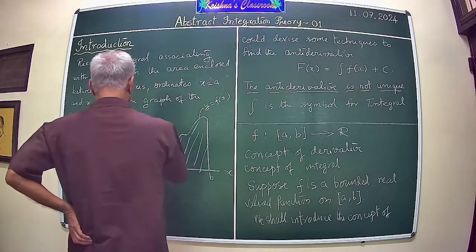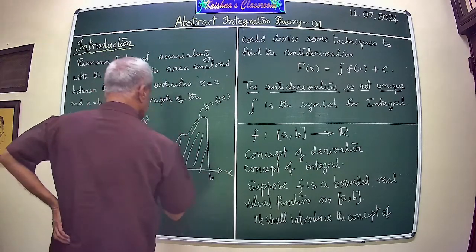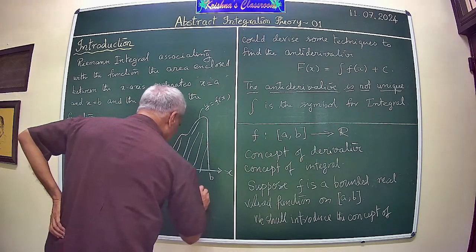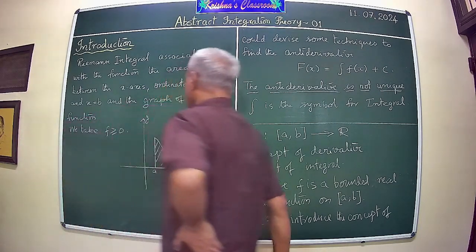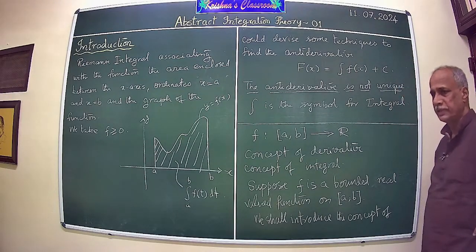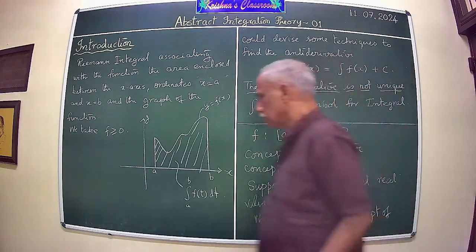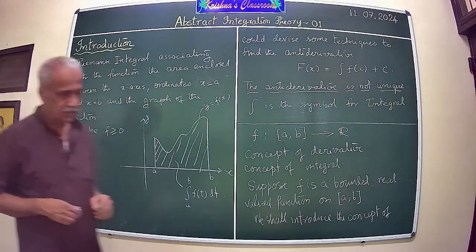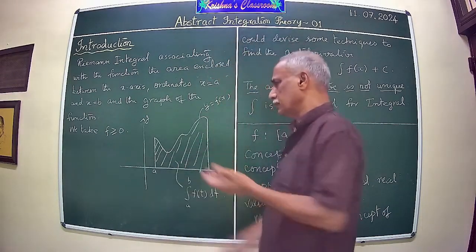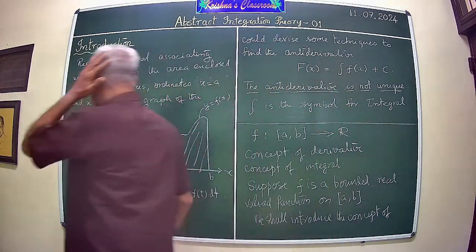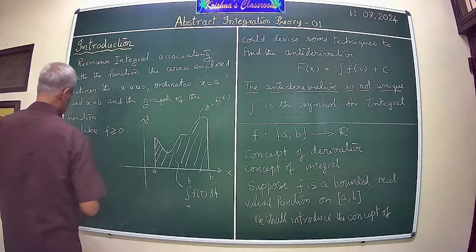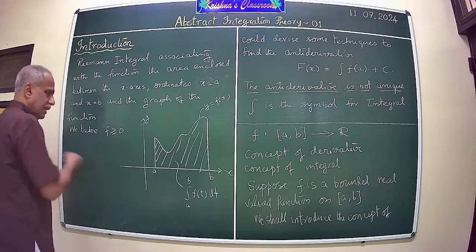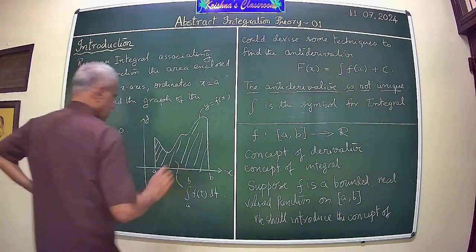This is the y-axis. So this is what's called the integral from a to b of f. How was it obtained? Now we take it for the function which is non-negative, and after having obtained this, you can work with any function. I will come to that later, but for the time being, let us see how it can be done.